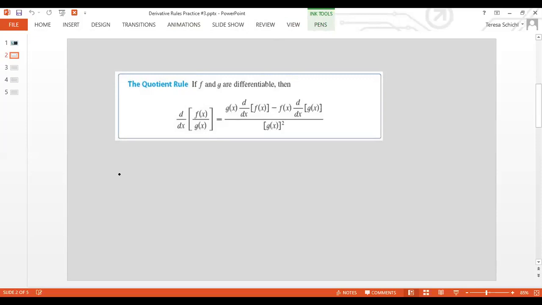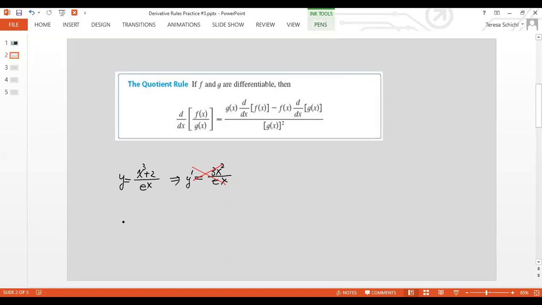So for example, if my y is equal to x cubed plus 2 over e to the x, when you try to take the derivative here, one of the very common problems is that students say, oh, I'm just taking the derivative of the top. So it's 3x squared over the e to the x here. And this is very, very wrong, right? So we cannot do that.